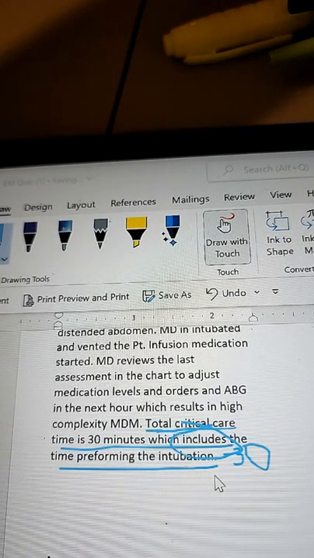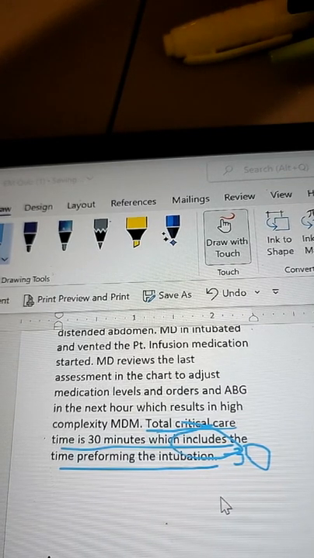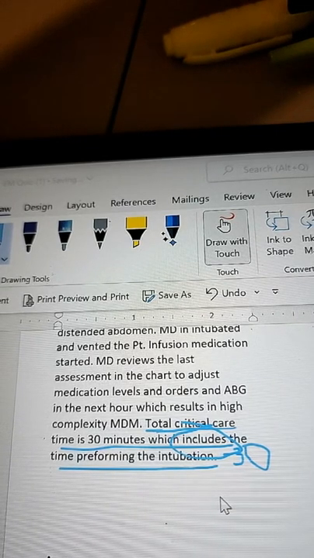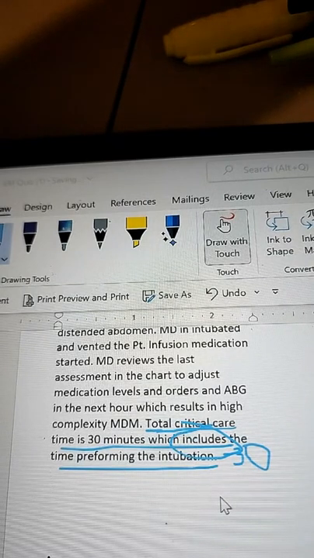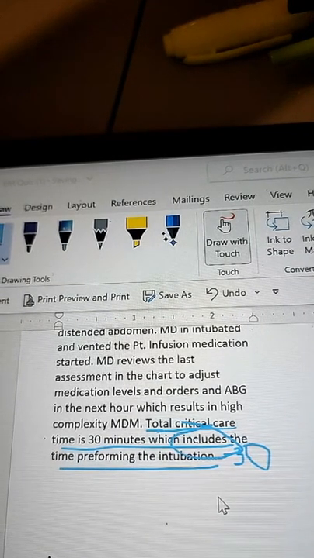So critical care services guidelines, I'm just going to read you their explanation and see if it makes any sense for you guys, in case I didn't explain it properly to you. But I think I did. I think I did good that time. Okay. CPT Critical Care Services Guidelines states the time spent performing separately reportable procedures or services should not be included in the time reported as critical care time.